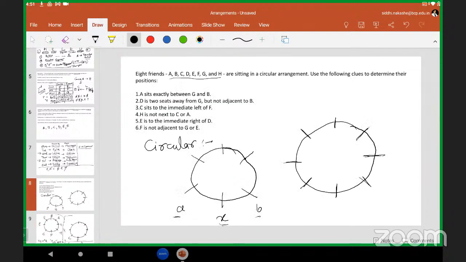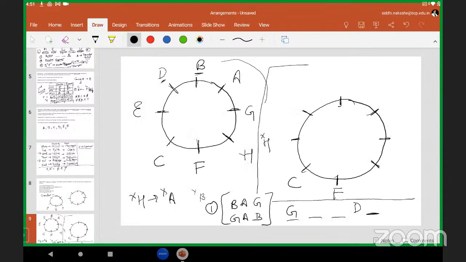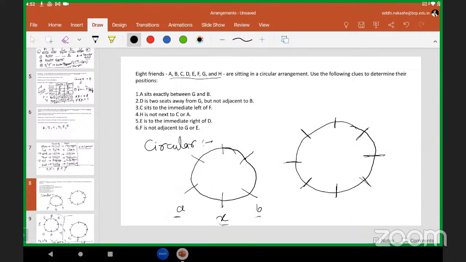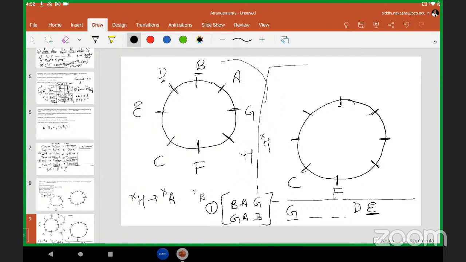Fine. And then E is to the immediate right of D. So E will be over here. Fine. So again, when we talk about the data that is given, F is not adjacent to G or E. So F won't be here.